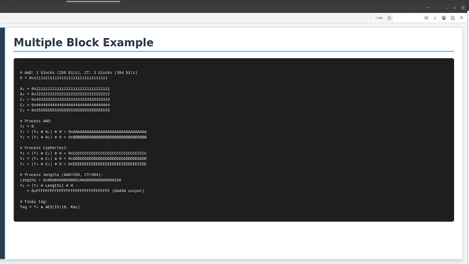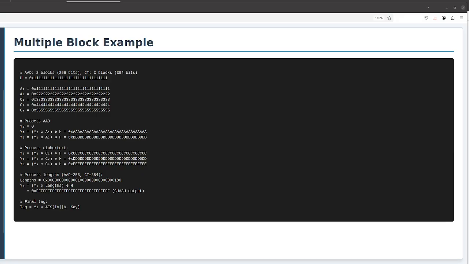Process A2. Y2 equals (Y1 XOR A2) times H, which equals (0xAA ending with AA XOR 0x22 ending with 22) times H, which equals 0x88 ending with 88 times H, giving let us say 0xBB ending with BB.